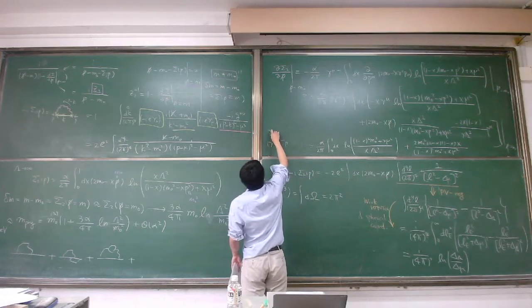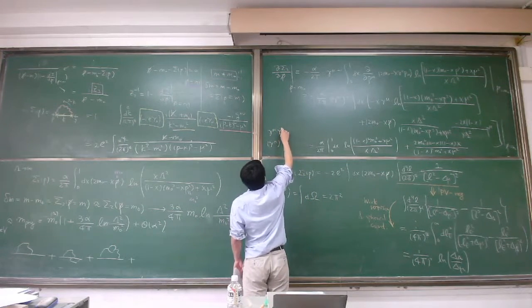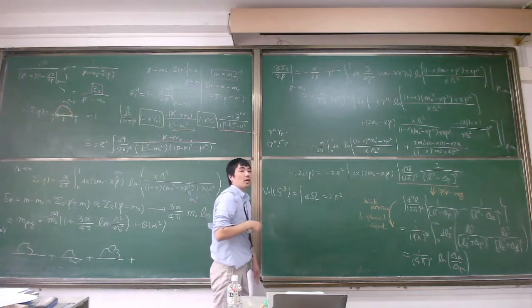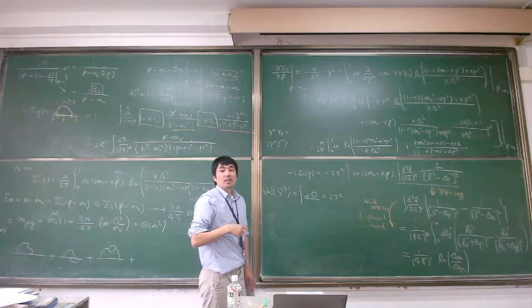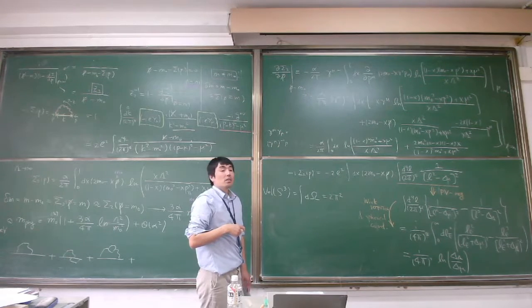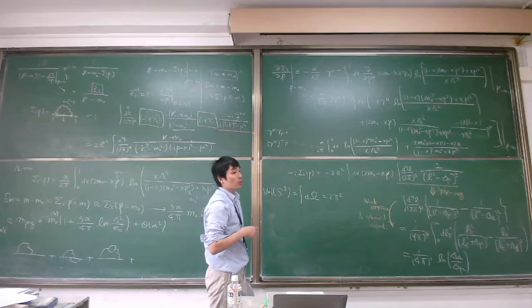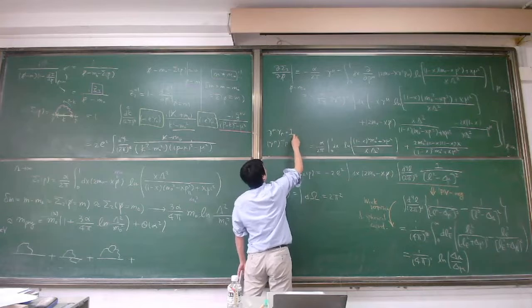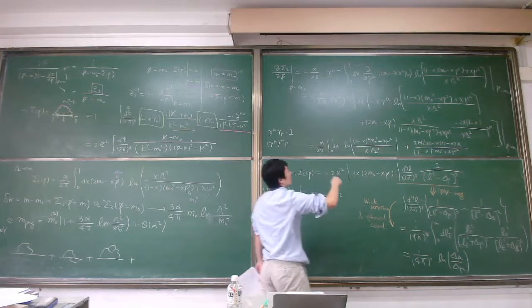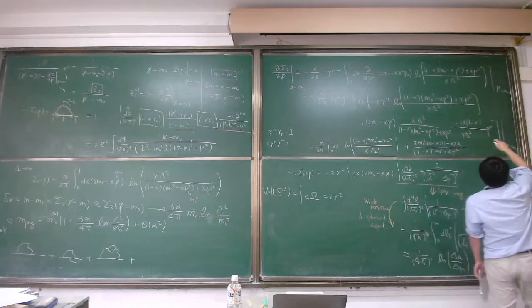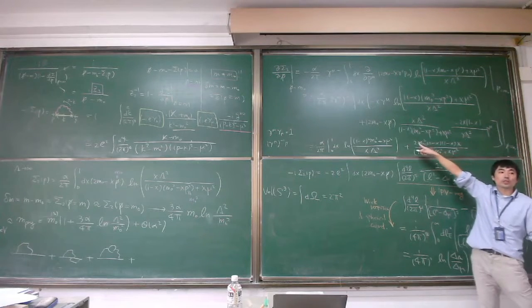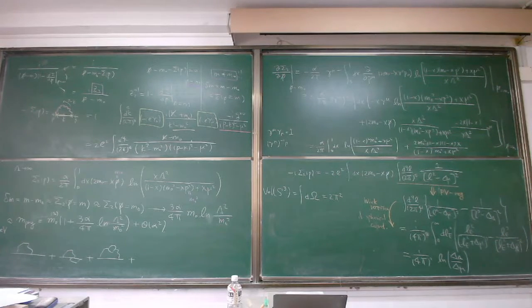Gamma mu and gamma mu is equal to what? 1? No, I think it should be 1, right? Okay, it should be 1. So therefore, it's just gamma mu. So therefore, gamma mu times p mu will give you m0. Okay, fine. So this is the case.